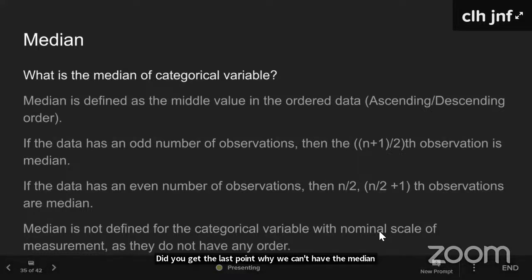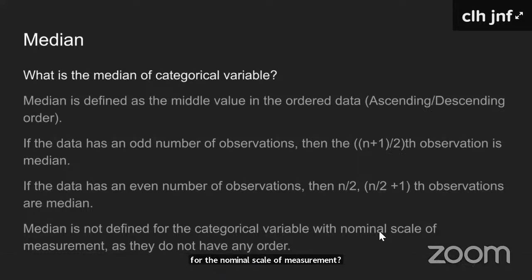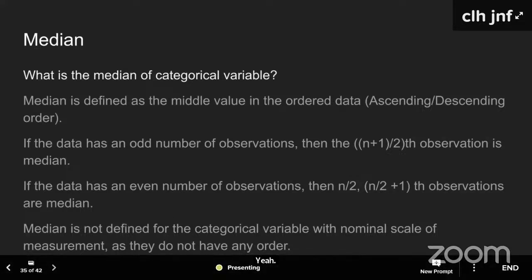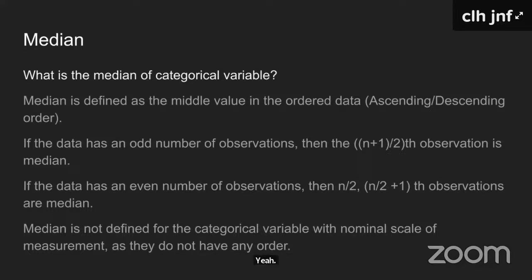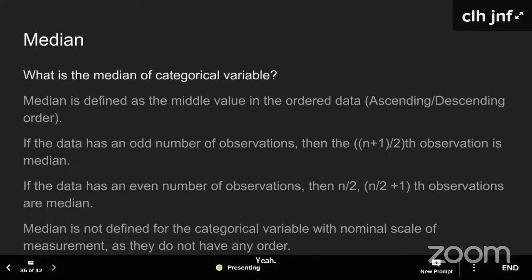Because in median we must have ordered data. In the nominal scale, the order is arbitrary, we cannot define a particular order. There is no order, so no median.